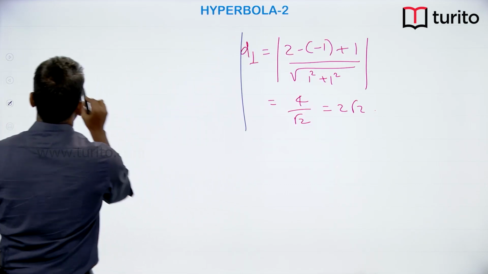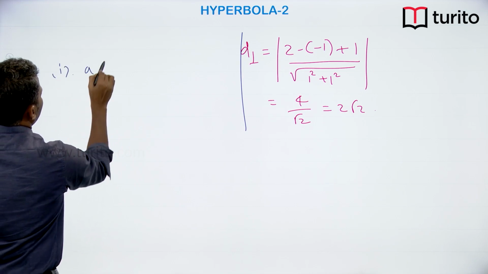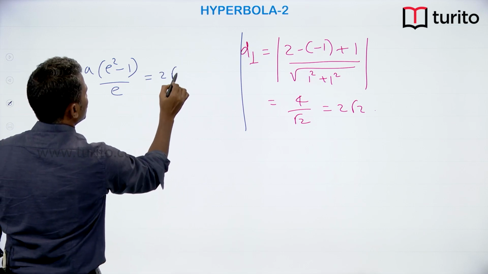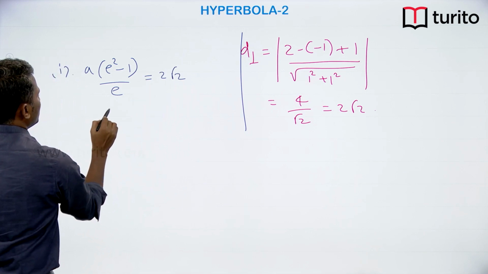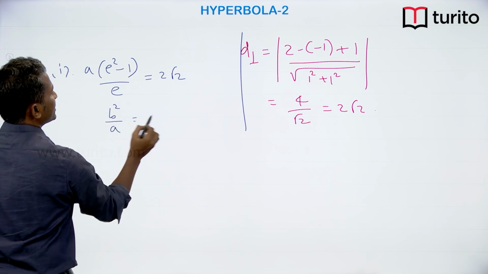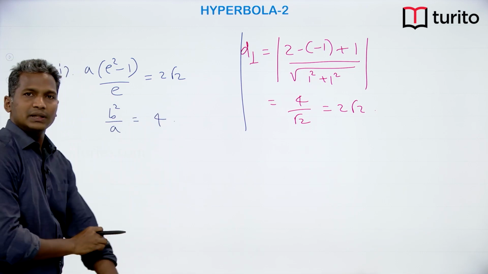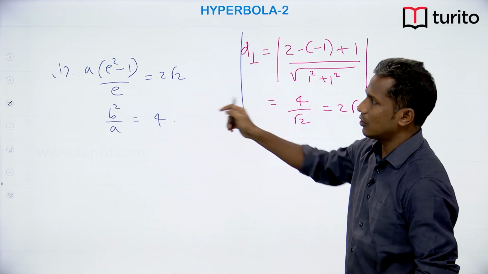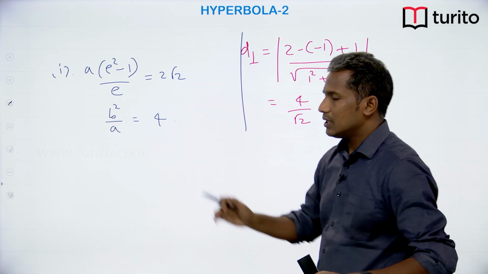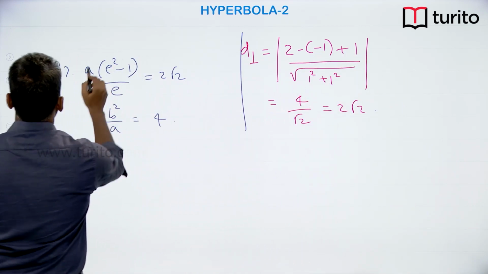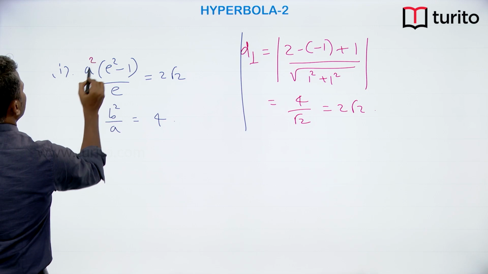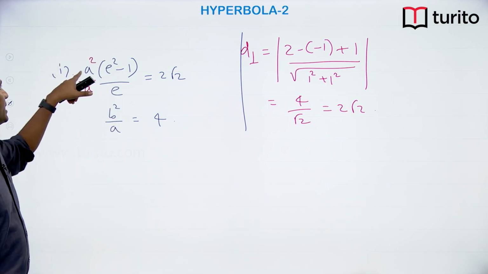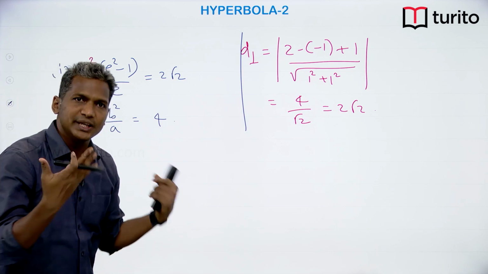So, let us take the first case. So, a into e square minus 1 by e must be equal to 2 root 2 and b square by a must be equal to 4 units. This means I am basically assuming that e is greater than 1, that is why I have removed mod and put e square minus 1. Now, further how do we simplify this? If I supply one extra a here, then it becomes a square into e square minus 1 becomes b square.